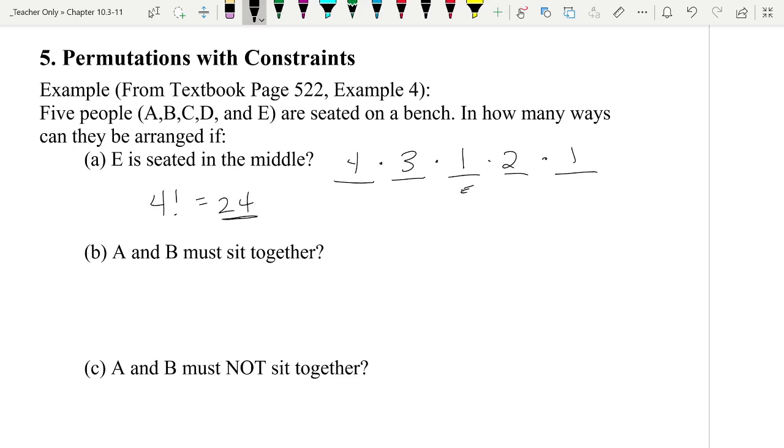What if A and B must sit together? I want to arrange these 5 people on the bench, but A and B, for whatever reason, have to sit next to each other. So the trick to this is treat A, B as one person.